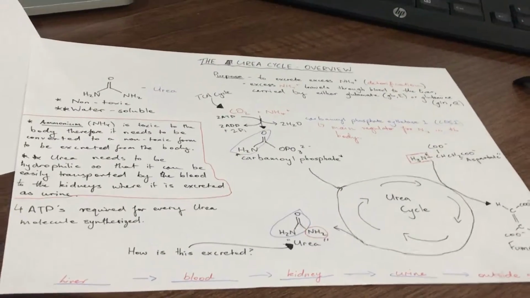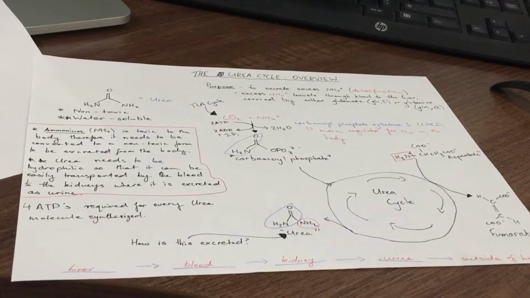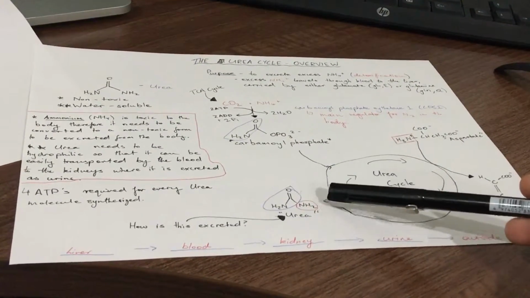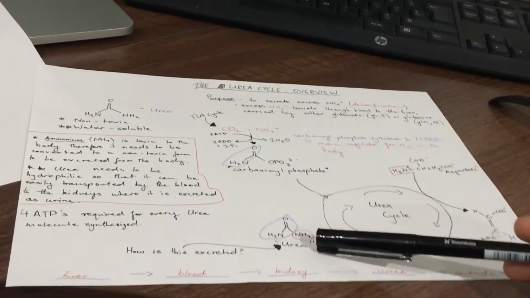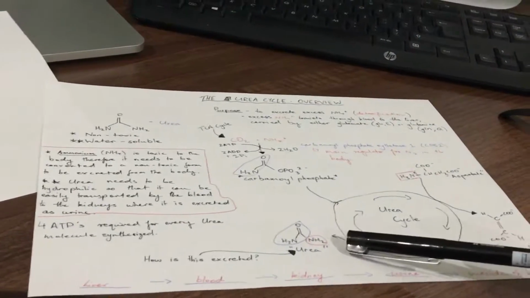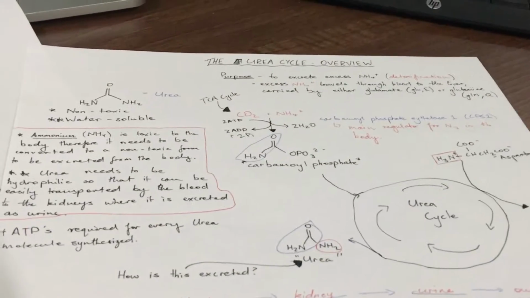And it's a misconception people have that sometimes you're sweating urine. No, it's just this non-toxic part of this cycle which can be excreted from your sweat glands, which is just urea. So that was just an overview video for the urea cycle.